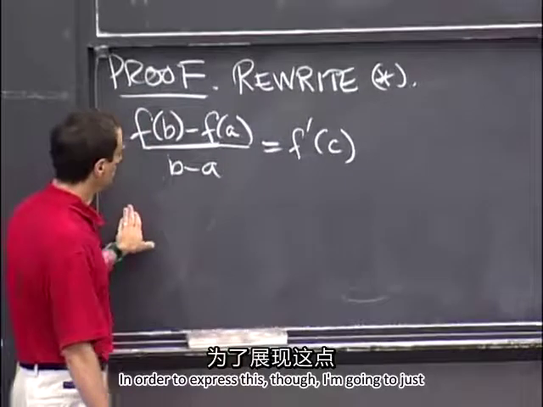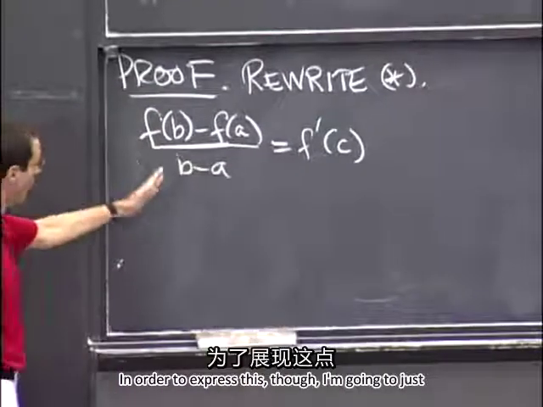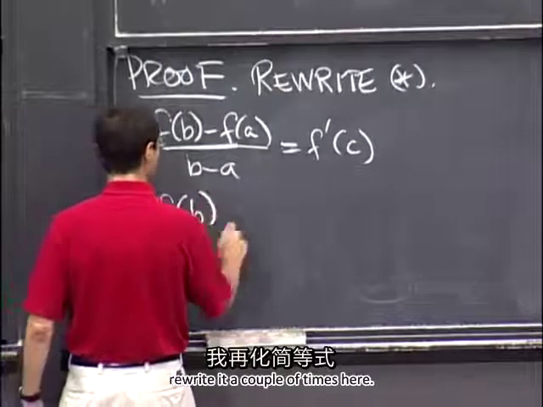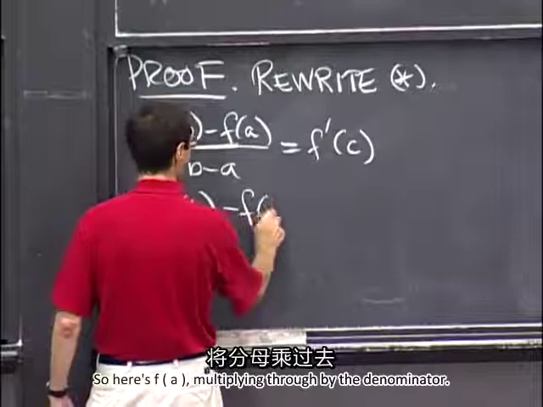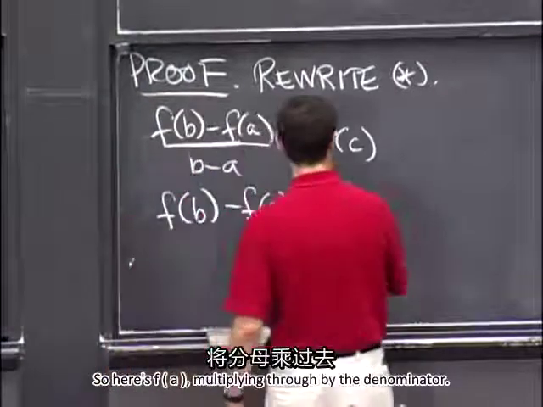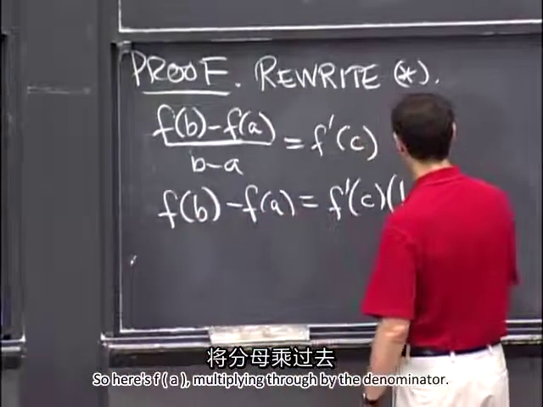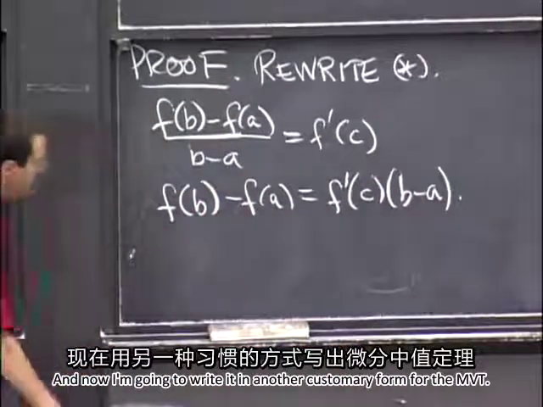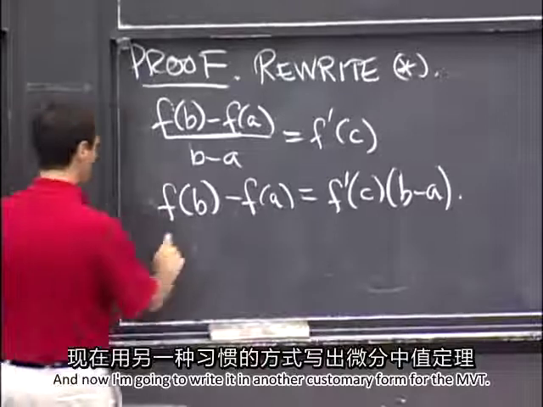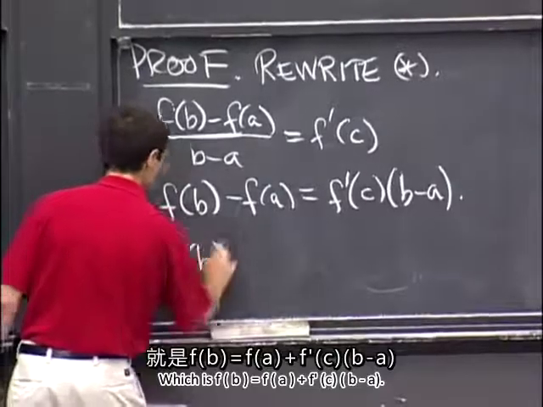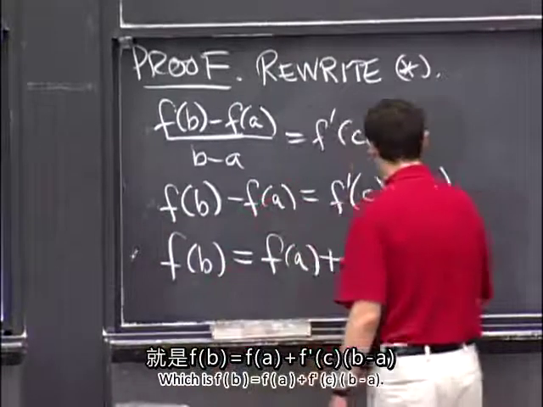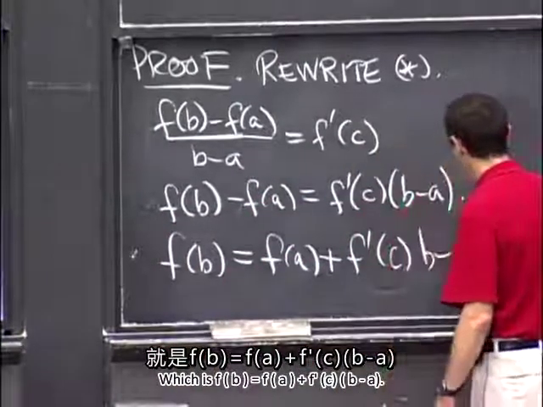In order to express this, though, I'm going to just rewrite it a couple of times here. So here's f of a multiplying through by the denominator. And now I'm going to write it in another customary form for the mean value theorem, which is f of b is equal to f of a plus f prime of c times b minus a.